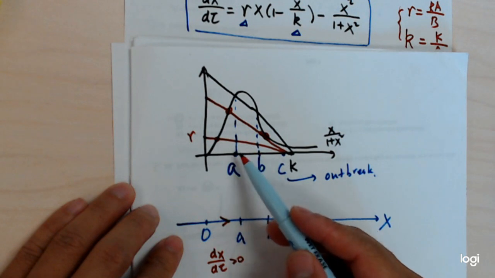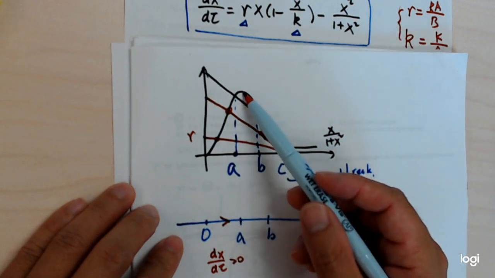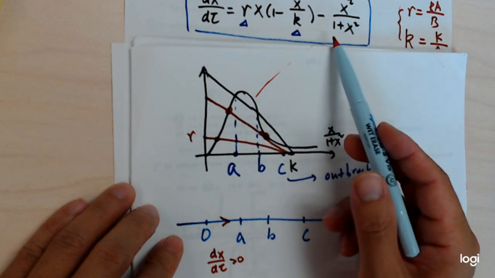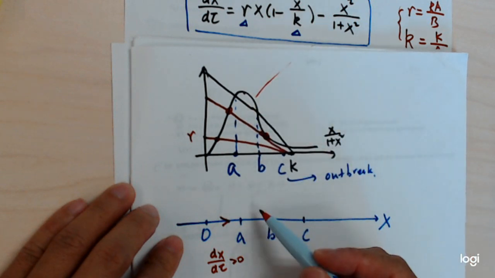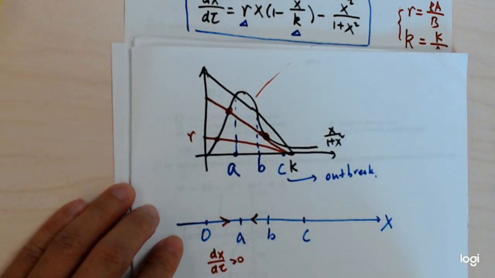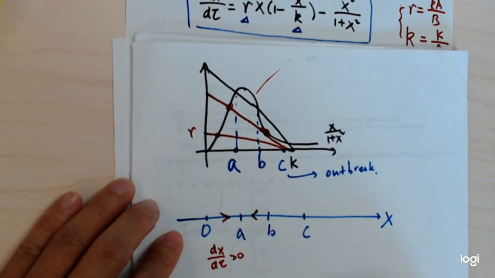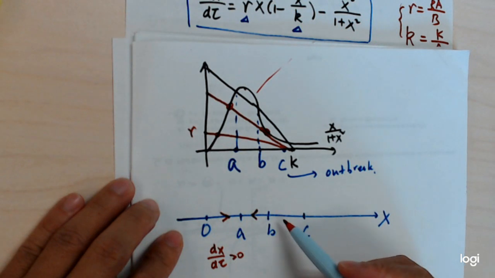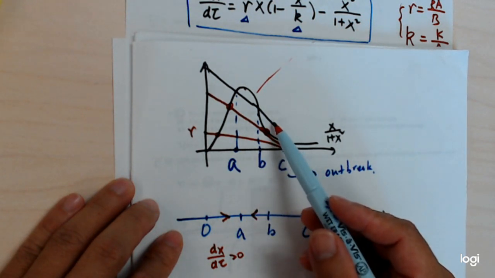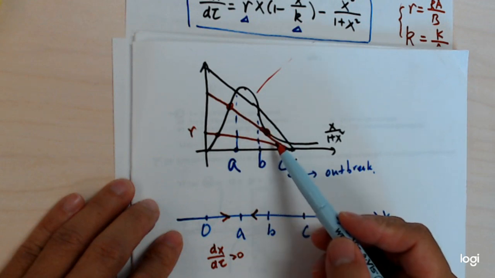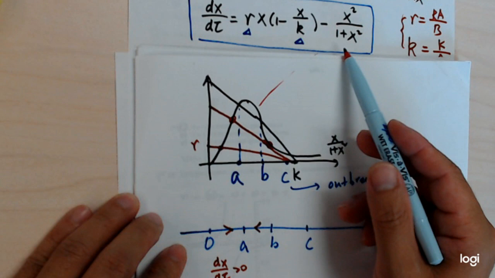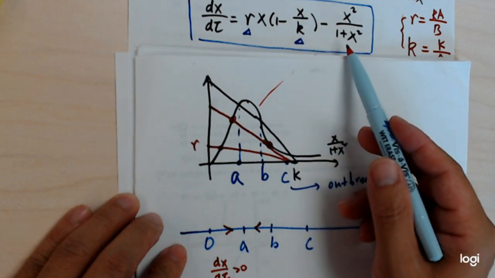Between A and B, the curve is above. This value is bigger, so their difference is negative. We have an arrow pointing to the left. Between B and C, once again, the straight line is on top of the curve, bigger than this function back there.